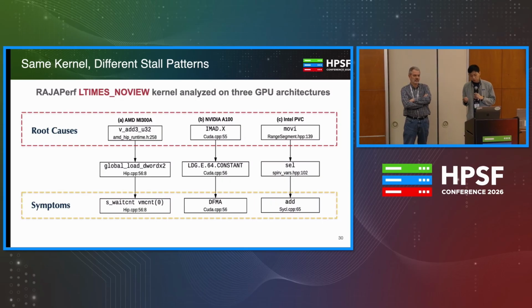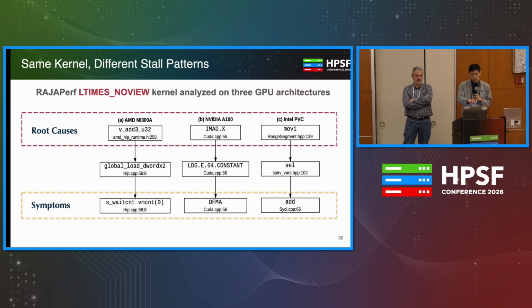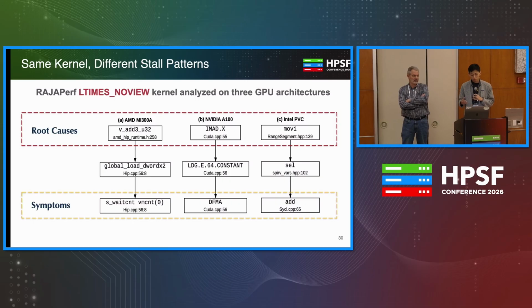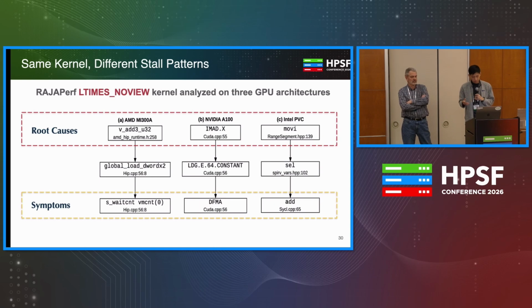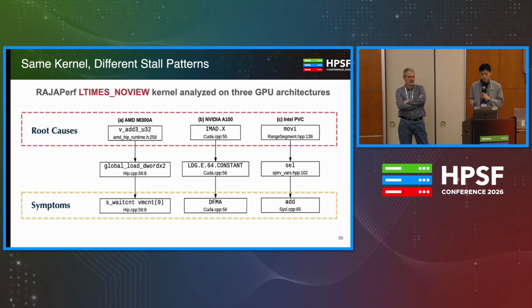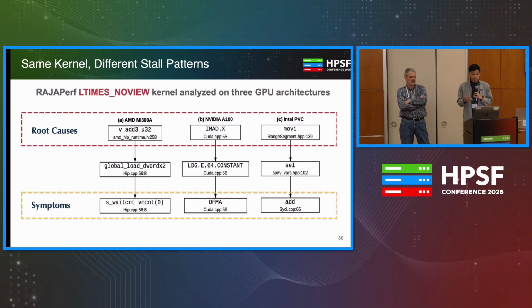Is it important? Here we can see for the same kernel running on different architectures, on the AMD machine it is stalled at the memory fence instruction, and on NVIDIA and Intel it is stalled around some arithmetic compute instructions. So the symptoms are different for the same kernel on different architectures. But if we trace back to the root cause, they are all the same: they are calculating some strided memory access pattern.